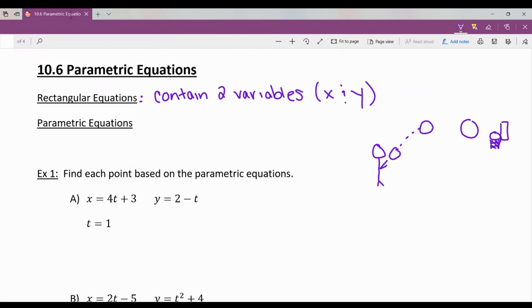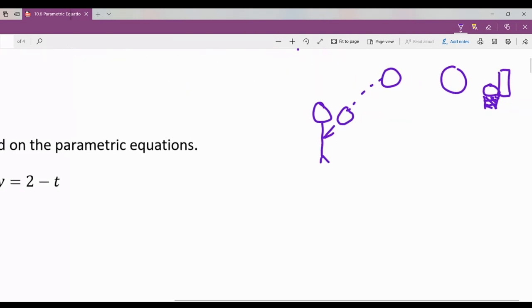So we use a parameter. In this case, where I'm saying 1 second or 2 seconds, we would say my parameter is t. t equals 1 second, t equals 3 seconds.